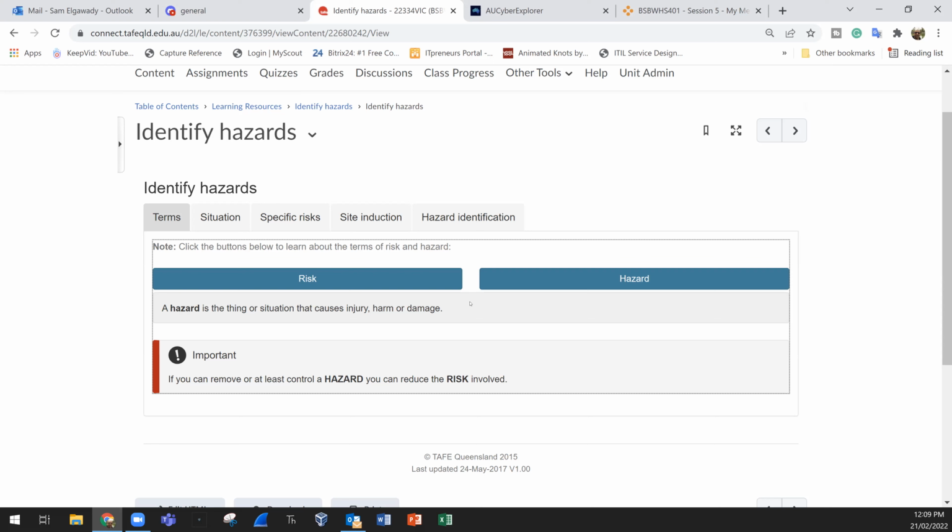So the risk of getting electrocuted, the risk of tripping, the risk of some water will spill and might electrocute or cause other problems and issues. So the hazard will create the risk. Good.